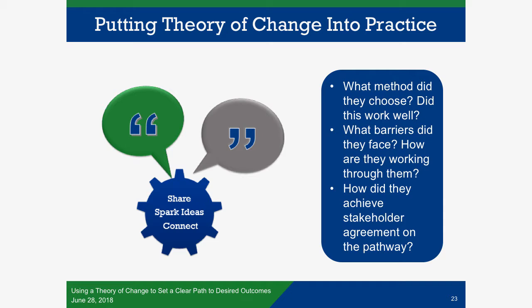So we began with where is it that we wanted to end up? And in the training example, what they were looking at was looking to really increase the fidelity to their practice model. And so to get there, we talked through, all right, well, what needed to happen to get to increase fidelity to the practice model.